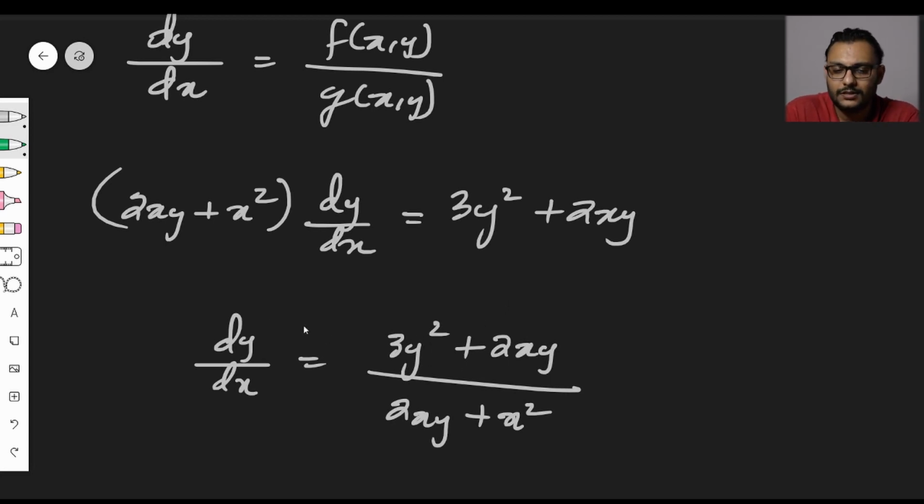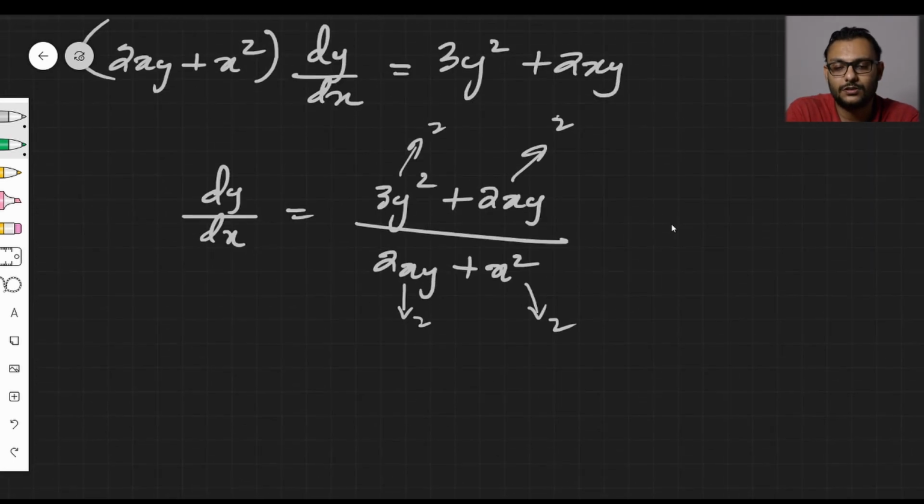In this case, the order is 1, and for degree we should check individual terms. Each term has combined degree 2, so the entire numerator has degree 2, and the denominator also has degree 2. Keep in mind that during product the degrees add up, and during sum the degree remains the same. That's the basic principle. So this is a homogeneous differential equation.